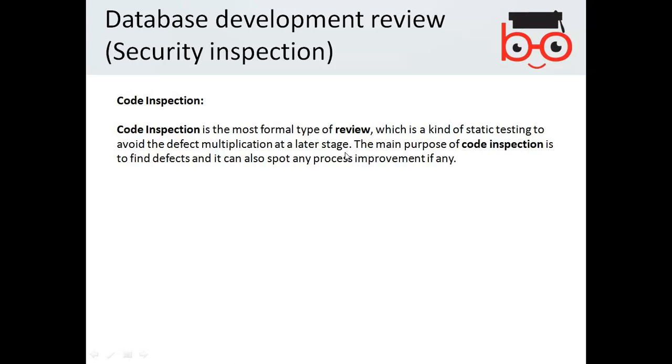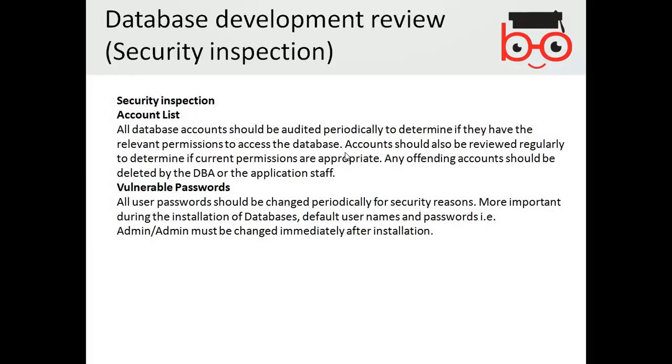For example, if you have code, it is possible that you could face a defect at later stages which could destroy your application. So it is better to inspect your code in order to avoid future problems. The main purpose of code inspection is to find defects, and it can also spot any process improvements, if any.